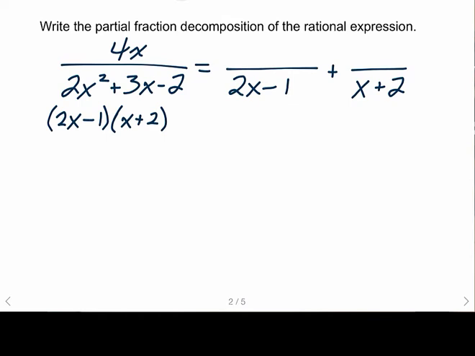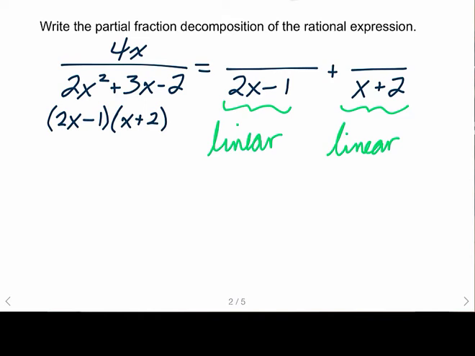And so I said that the factors in the denominator are going to take on different forms. Basically, there are going to be a couple of possibilities and then a couple of iterations of each possibility. In this case, we see that both denominators, 2x minus 1 and x plus 2, are linear. The two possibilities I just mentioned are they could be linear or quadratic.